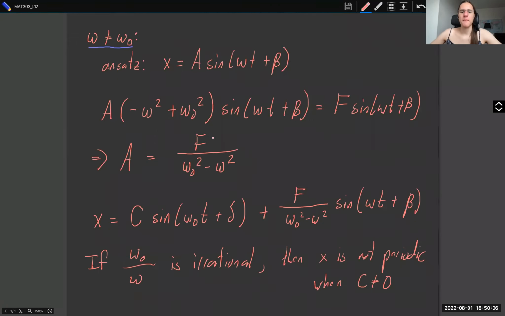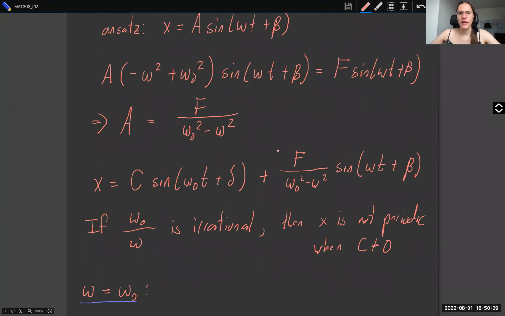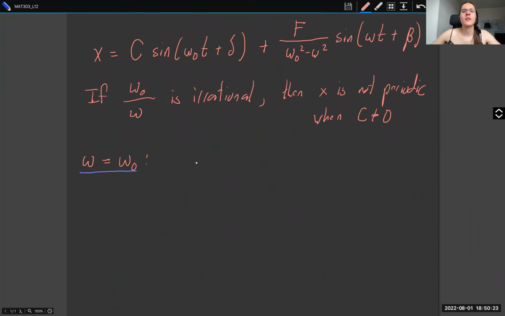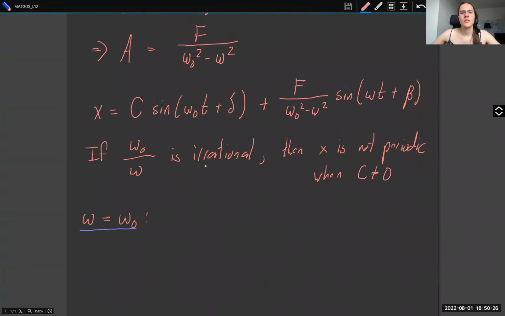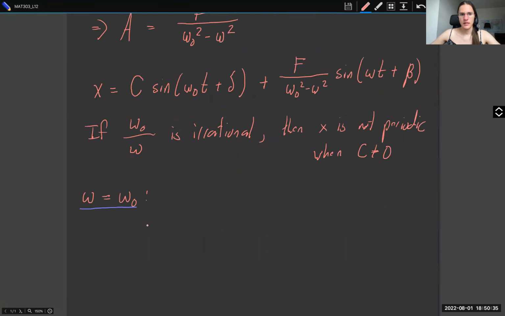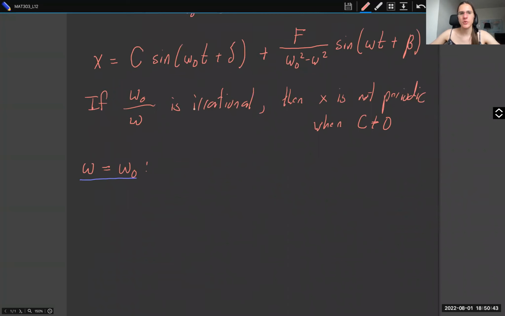Okay, let's think about it this way. In general, for a particular solution, if we combine these together, let's use the L'Hopital method.